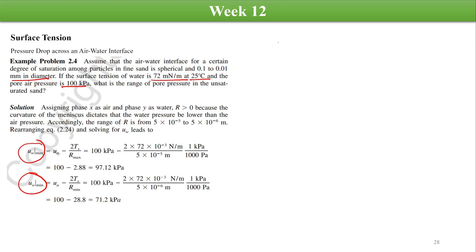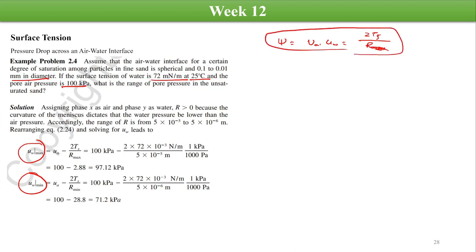As we know, the formula for the matric suction is UA minus UW equal to twice TS cos alpha upon R, where cos alpha is taken as 1.